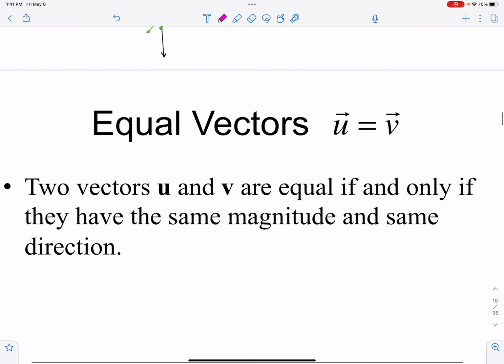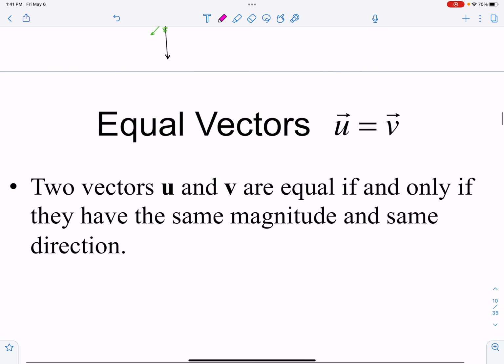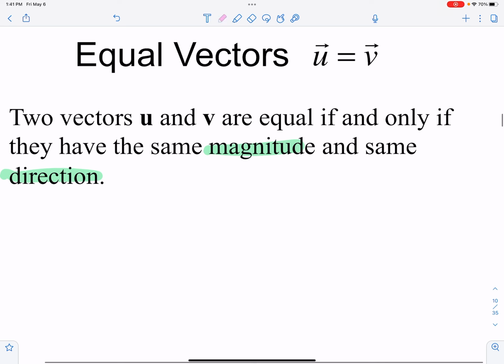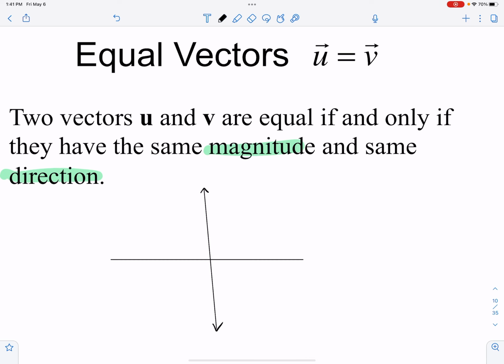This should be kind of obvious, but two vectors are considered to be equal vectors if they have both the same magnitude as well as the same direction. So you can have two equal vectors in the xy plane, and they'll be considered equal if they have both the same magnitude and direction.